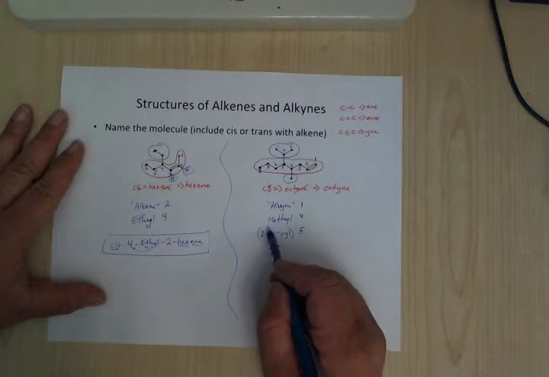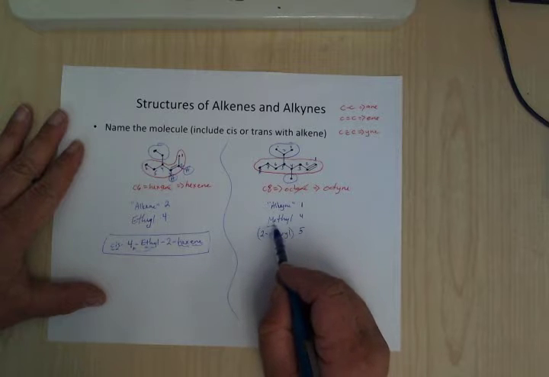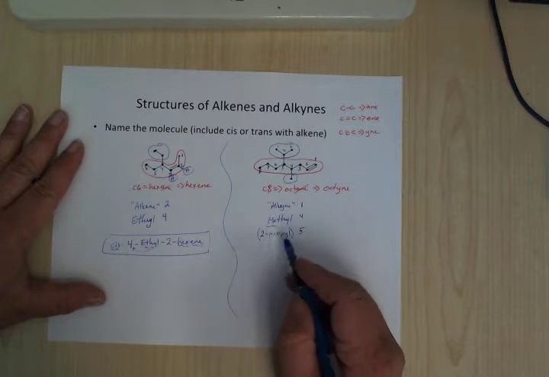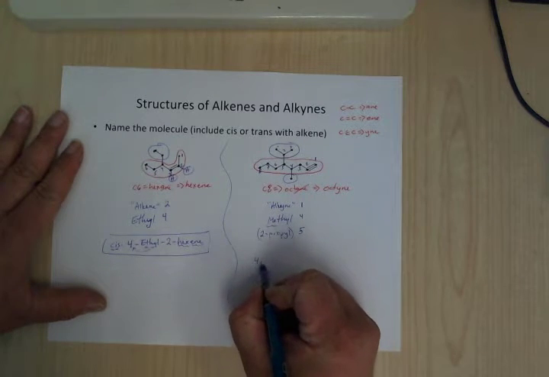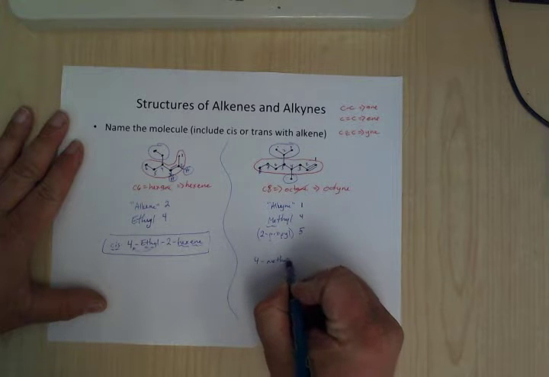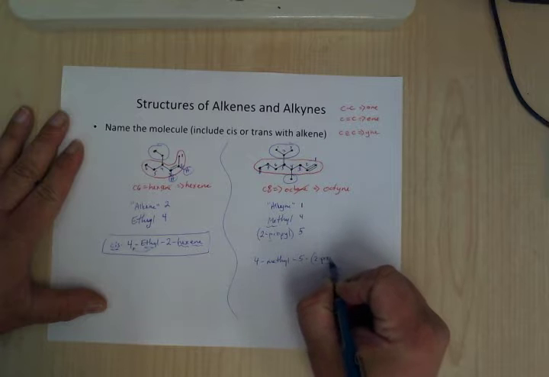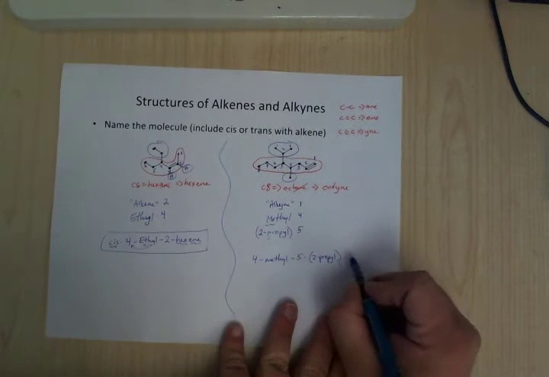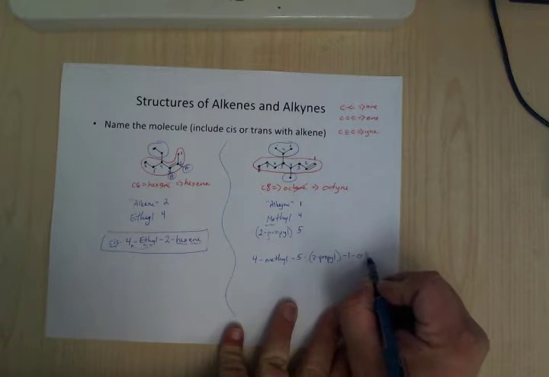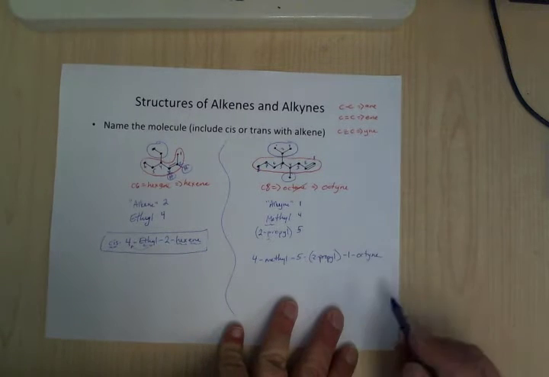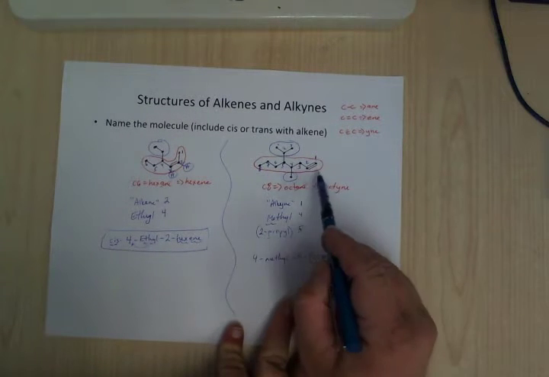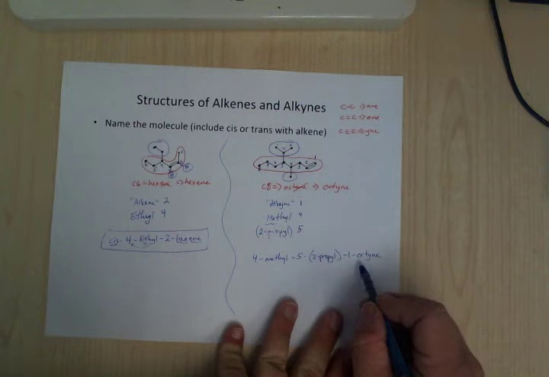Okay. So which comes first, methyl or propyl? In this case, it's methyl, alphabetically. So it becomes 4-methyl, 5-(2-propyl), 1-octyne. So we have a main chain of 8 long.